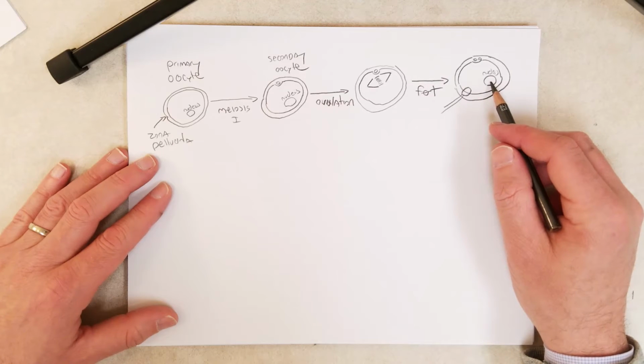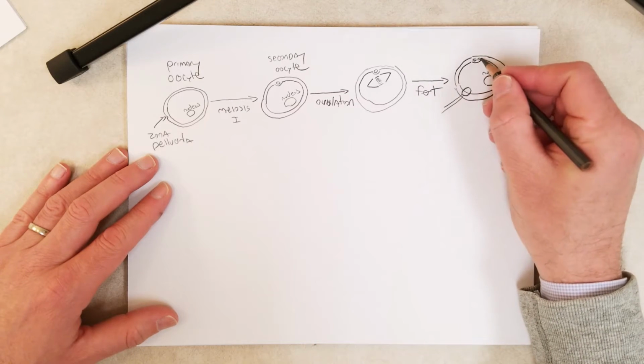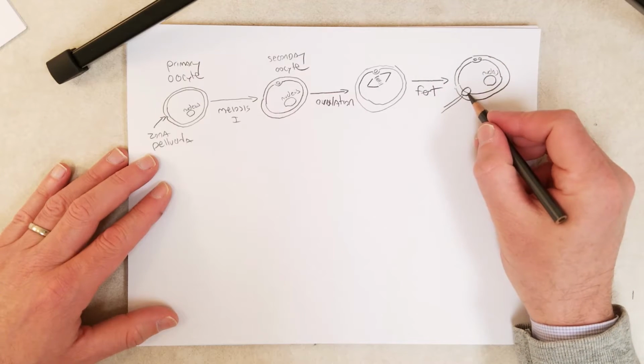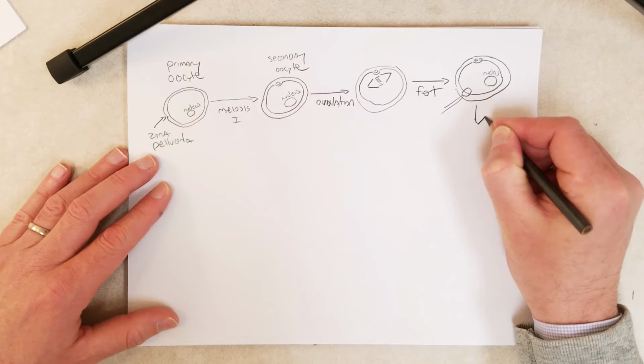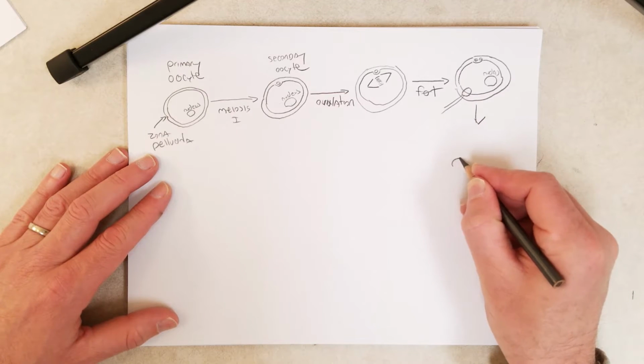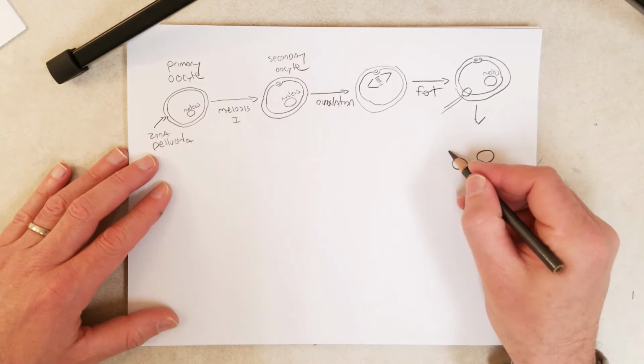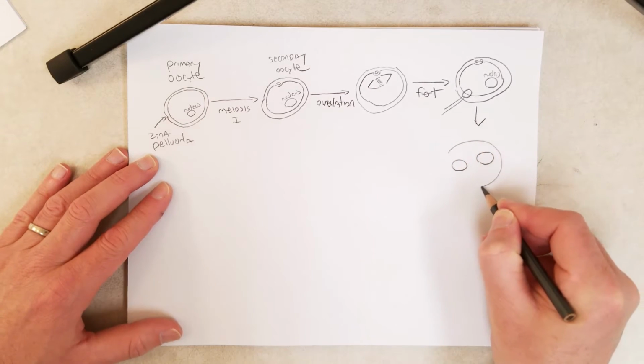This would be the maternal nucleus, okay, with two polar bodies, the first and second polar body there. Now the sperm here has a nucleus, and both of those nuclei will occur at the same time in the fertilized egg here.